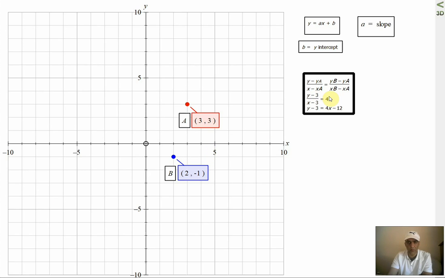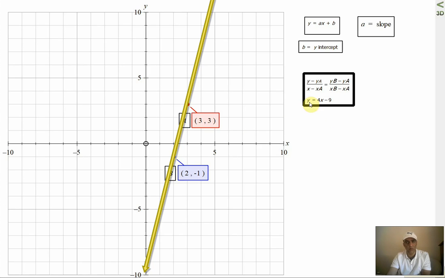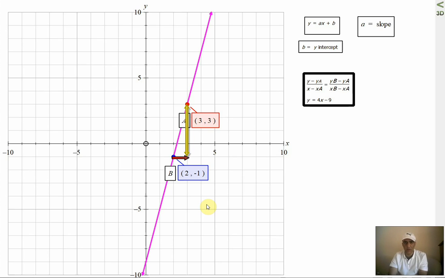We can make a graph because we know from math, if we have 2 points, we can easily make a line. And we can show the slope, because if you go from, for example, position B 1 to the right and 4 go up, we can find the slope. It is a triangle. It is very easy. And we can see also y-intercept minus 9 very easily.